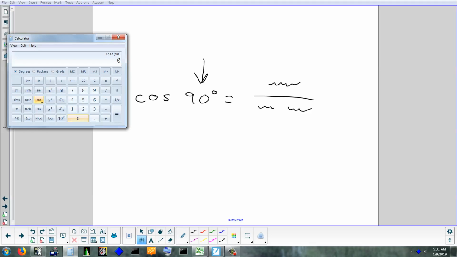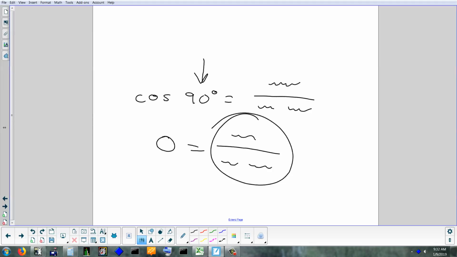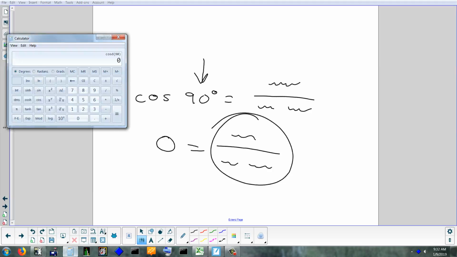It's 0. So the only way that two vectors can come out to be orthogonal is when you do this side out, you get an answer of 0. How can a fraction ever come out to 0? Put a 0 on the bottom? No, on the top.